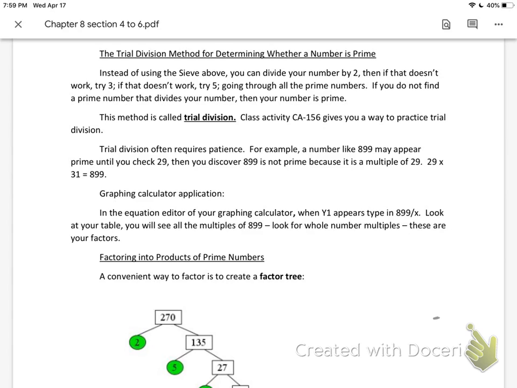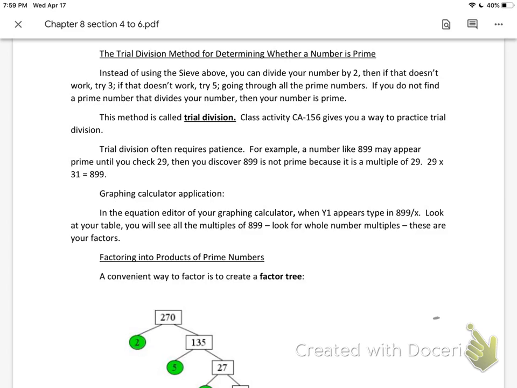Then if that doesn't work, try 3. If that doesn't work, try 5, going through all the prime numbers. If you do not find a prime number that divides your number, then and only then is your number prime. So as I said earlier, this method is called trial division.